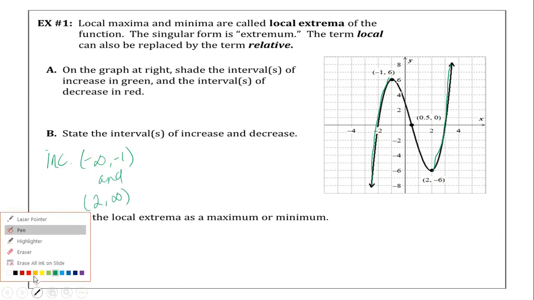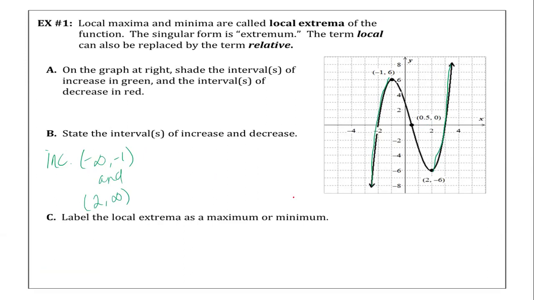All right, now we're going to highlight red. Where are we decreasing? From -1 to what? There we go. So we decrease from -1 to 2. Okay, so that's describing the intervals.